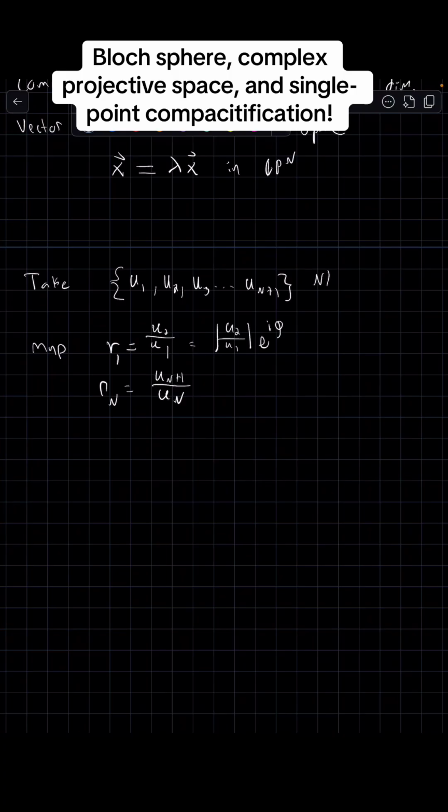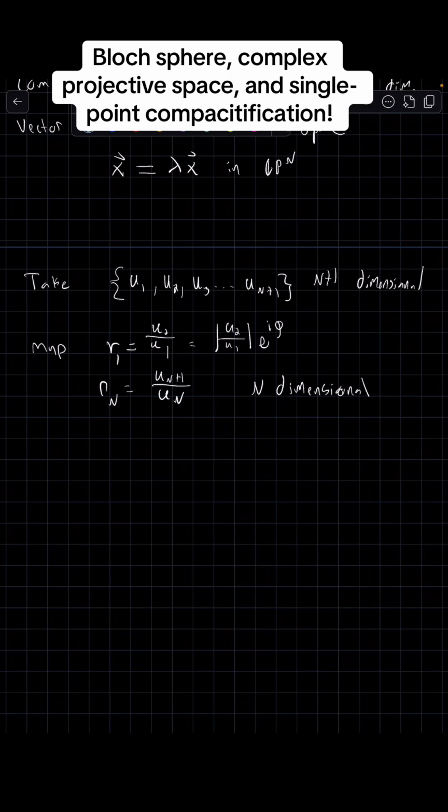So this is n+1 dimensional, and this is n dimensional. How is that useful? We'll see exactly how that's useful with the Bloch sphere.